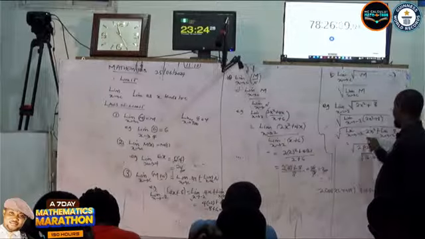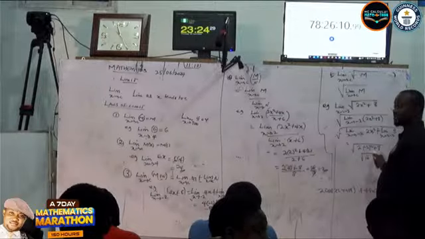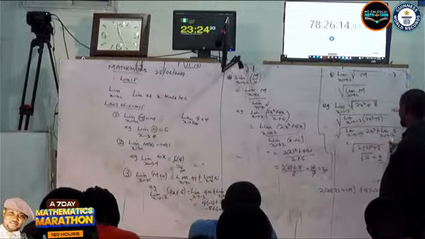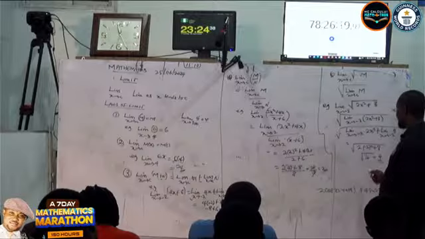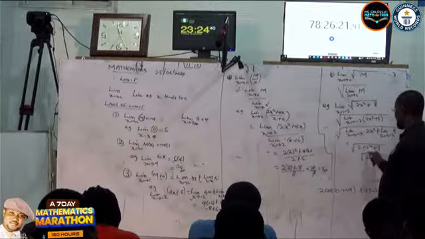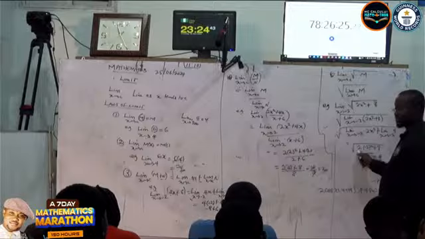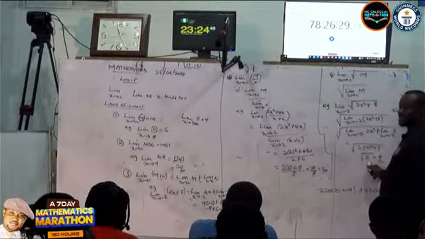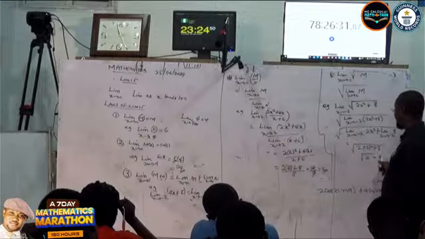And the limit of a constant is a constant. So since the limit of a constant is a constant, I take this and join it with the other, and the limit of x is x. Minus 2 squared is what? 4. 4 times 2 is what? 8. 8 plus 8, 16. And what is the square root of 16? 4.